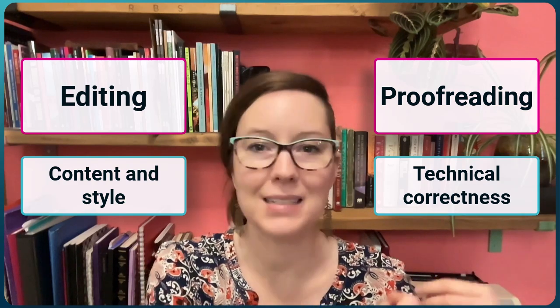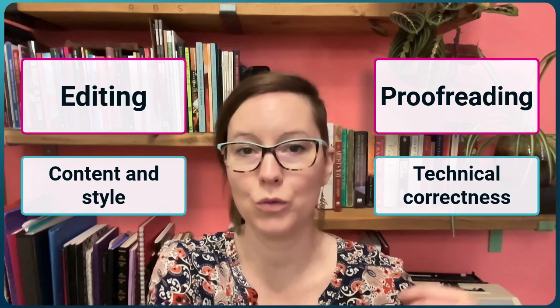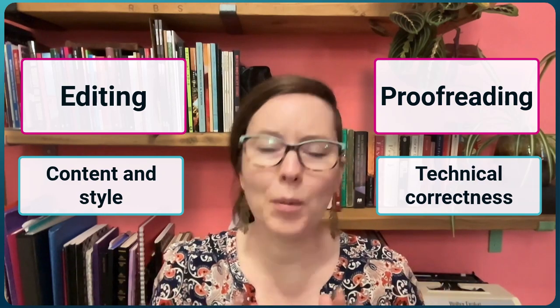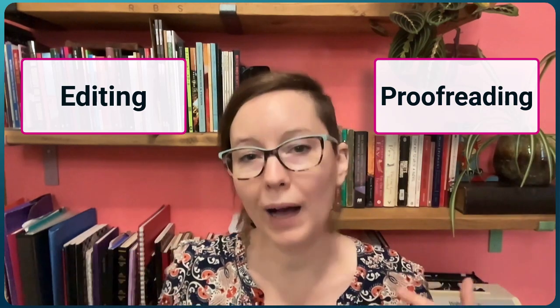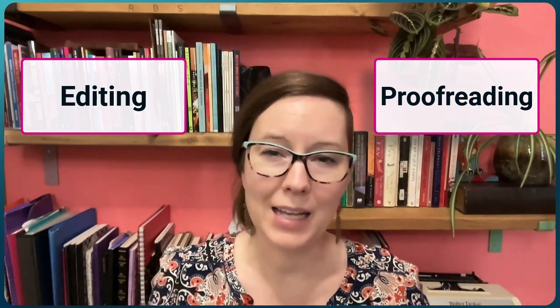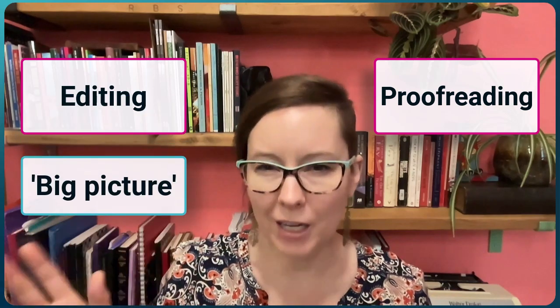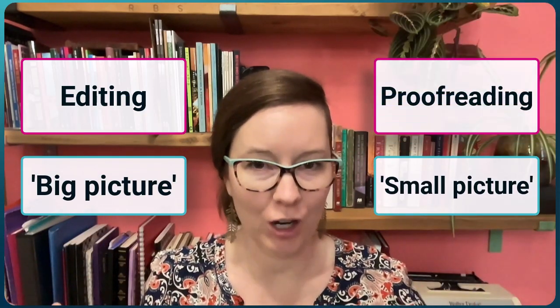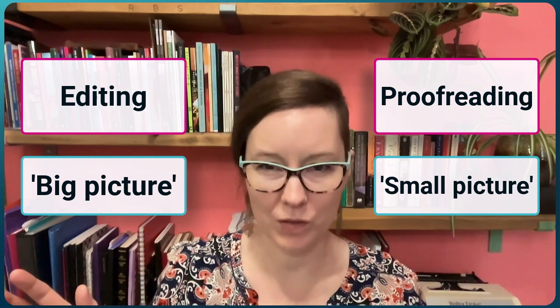So things like typos, incorrect formatting, that sort of thing. I think from a process point of view, it's more helpful to define the difference between editing and proofreading as being one of big picture concerns versus small picture or sentence level concerns.